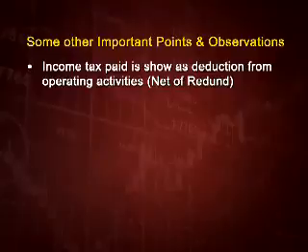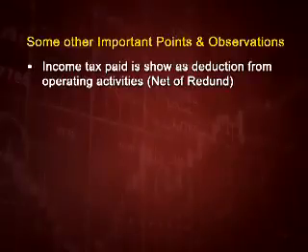Point number 1. Income tax paid is shown as deduction from operating activity, but net of refund, because refund is what you are getting from income tax and income tax paid is what you are paying to them. So, both should be adjusted and then it should be shown as a deduction or as a receipt.